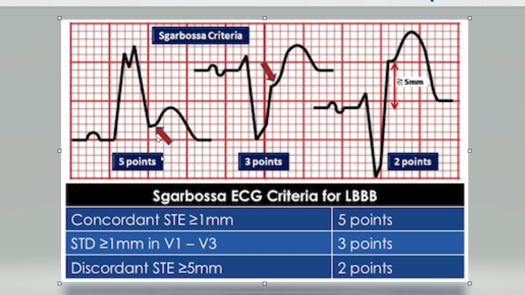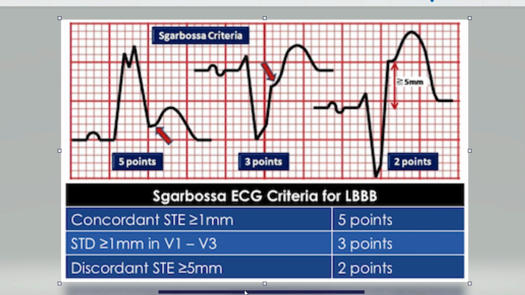If there are concordant ST elevations of more than 1 millimeter, that is, the direction of ST elevation and the direction of QRS is the same, then it is given 5 points. Next, if there is ST depression of more than 1 millimeter in leads V1 to V3, then we give 3 points.